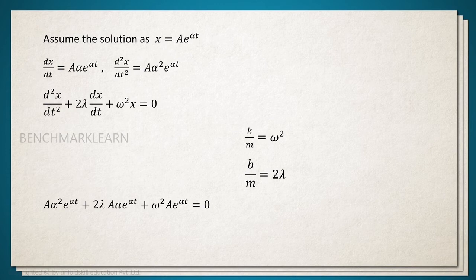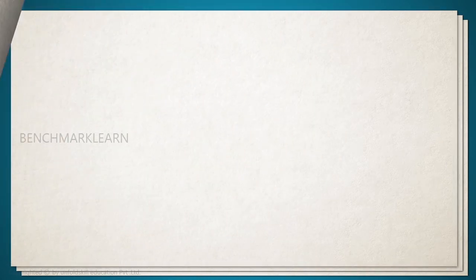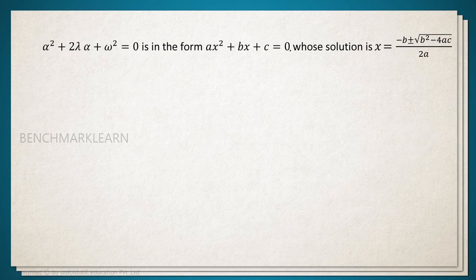We can take a e raised to alpha t outside. So a e raised to alpha t within brackets, alpha square plus 2 lambda alpha plus omega square equal to 0. Since a e raised to alpha t is not equal to 0, we can write alpha square plus 2 lambda alpha plus omega square equal to 0, which is a quadratic equation in the form ax square plus bx plus c equal to 0.